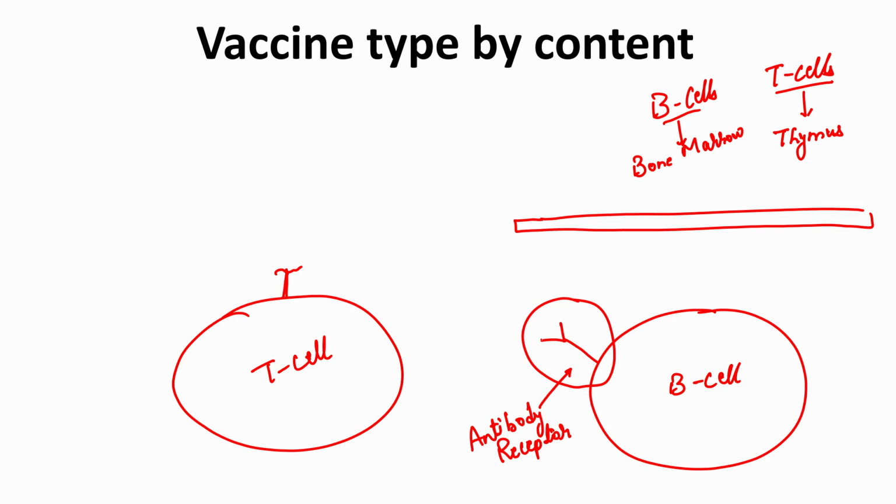So, typically the head portions here and here are highly variable, and the tail portion or where it connects to the membrane, these are conserved.